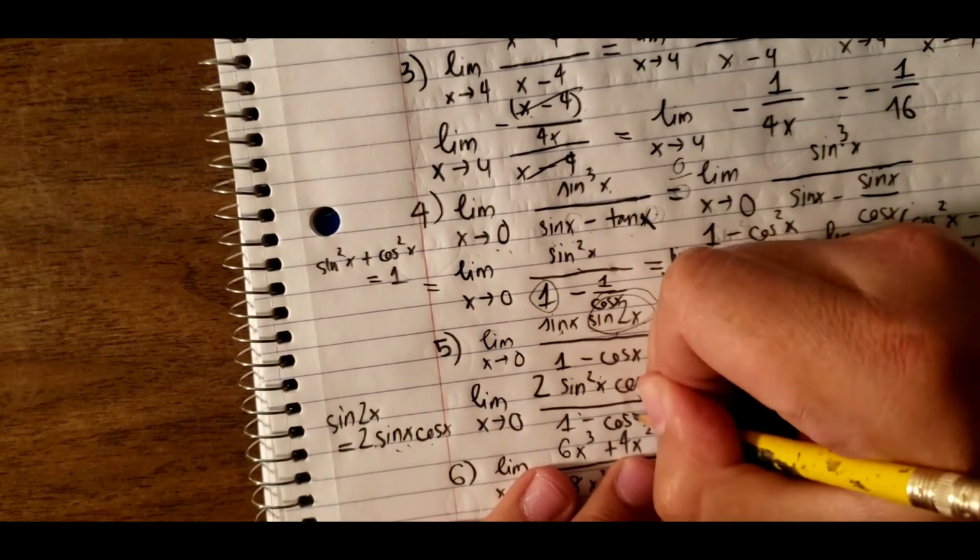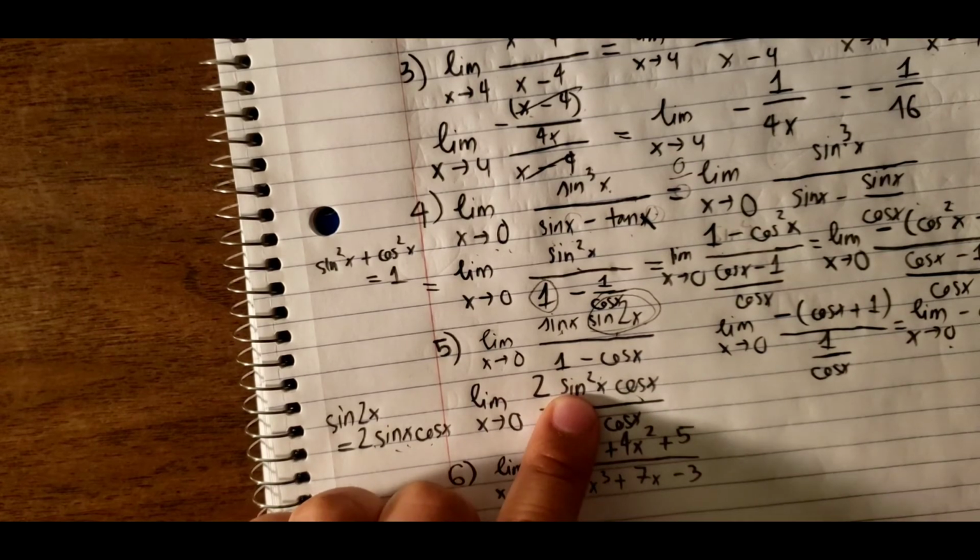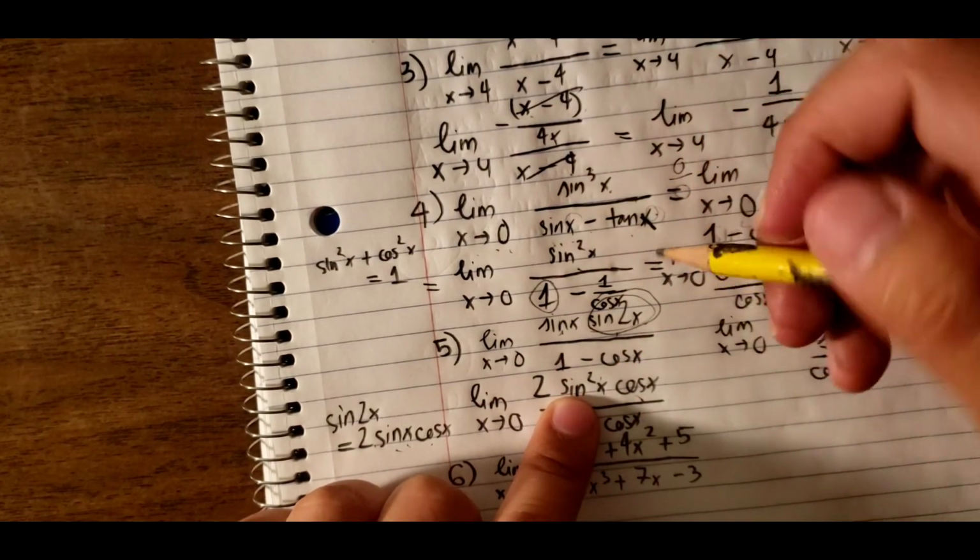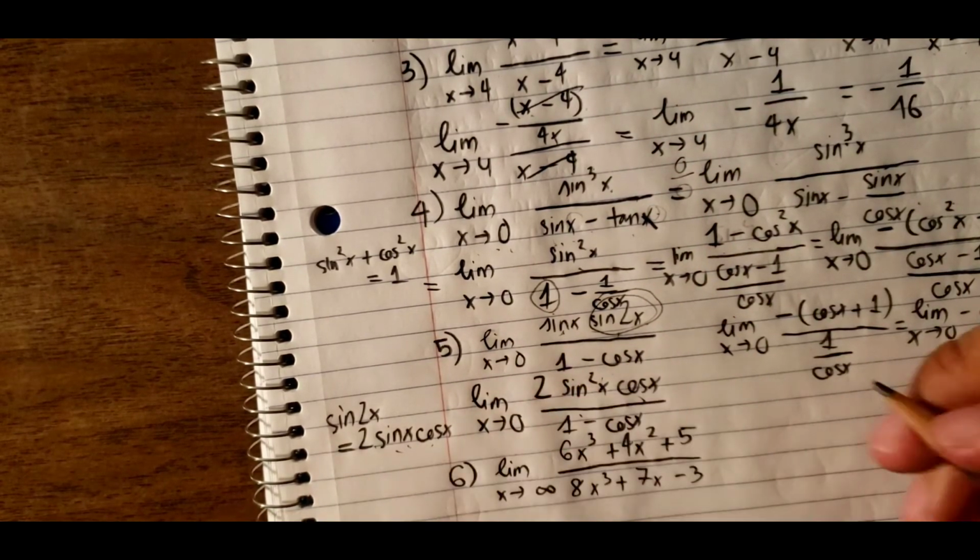1 minus cosine. In the sine power 2, we transform it to 1 minus cosine.